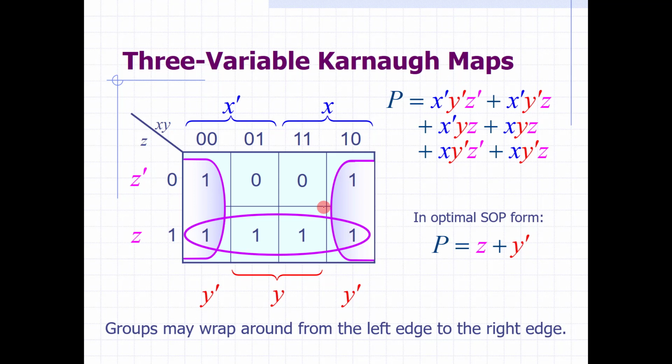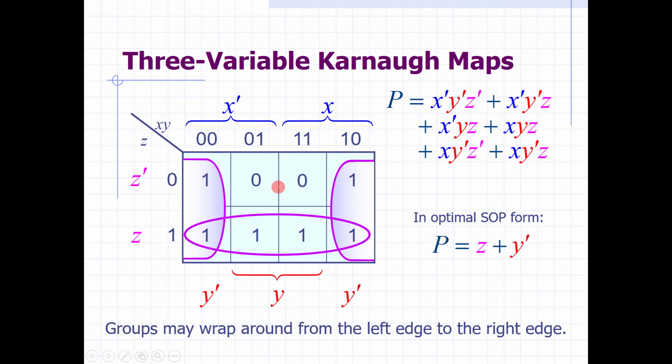ones and zeros fall. If I were to circle the two zeros, I could ask, what do those two zeros have in common? Well, they have y is equal to 1. They're both in this column and the next column. And I'm in a row where z is equal to 0. So y is a 1 and z is a 0.